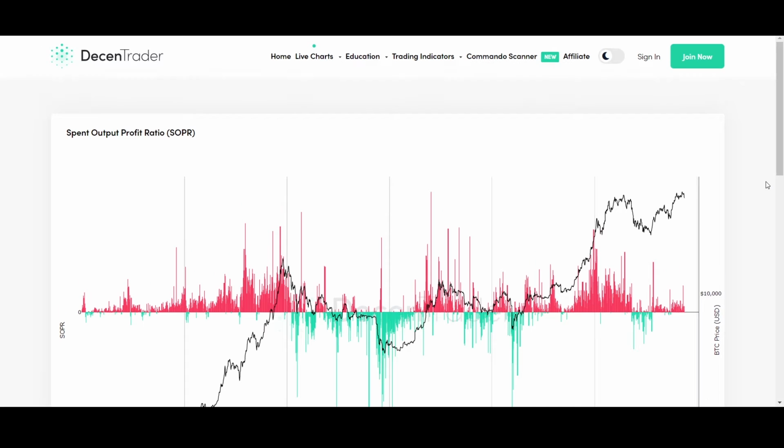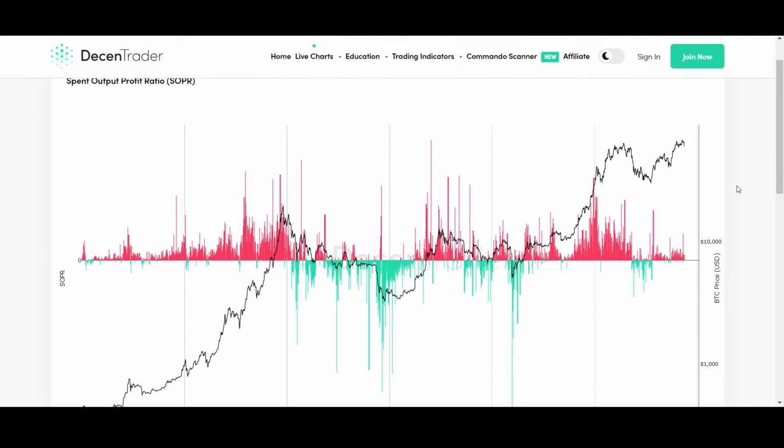It's the spent output profit ratio, that also is very important for determining where Bitcoin's price might head next. So spent output profit ratio is showing us where the losses of traders and also gains of traders have been taken. So right now we are in a period of the long-lasting profits of traders.